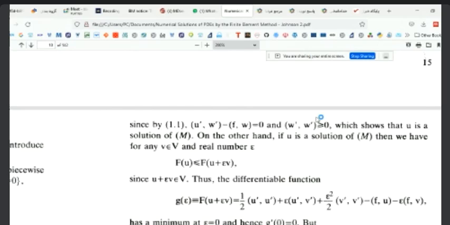This fact shows that u is a solution of M, the minimization problem. But why?